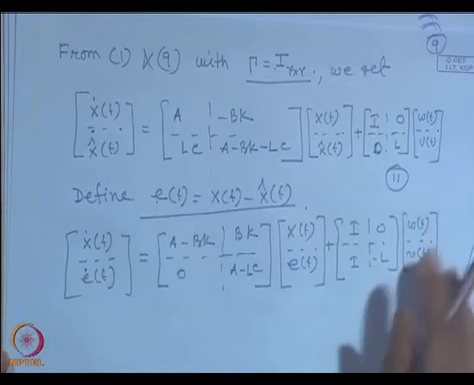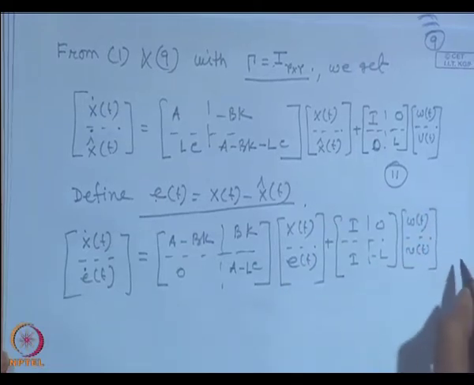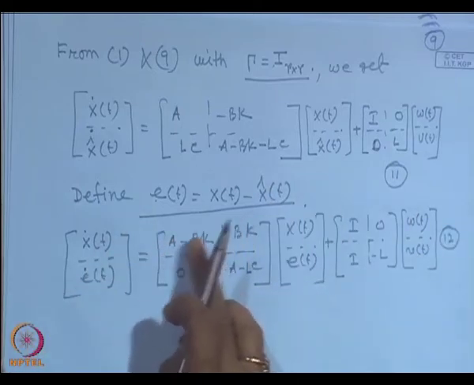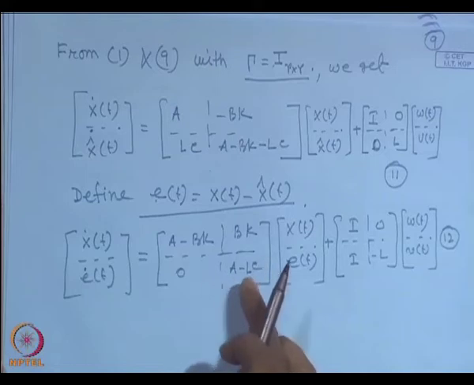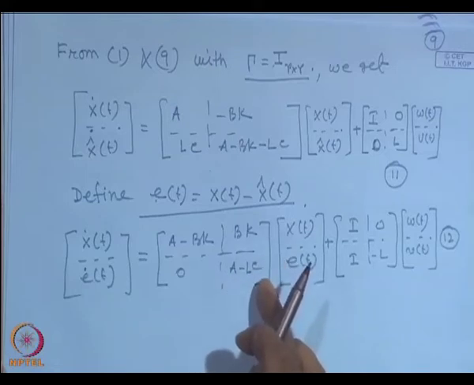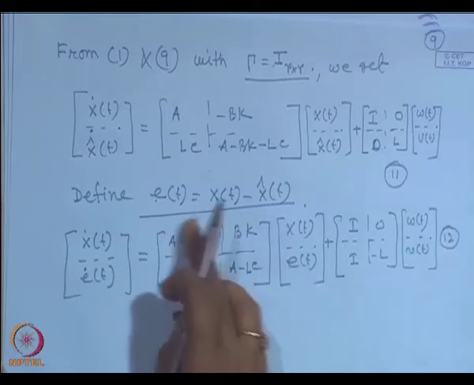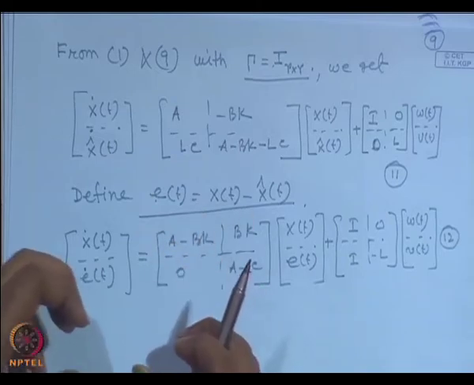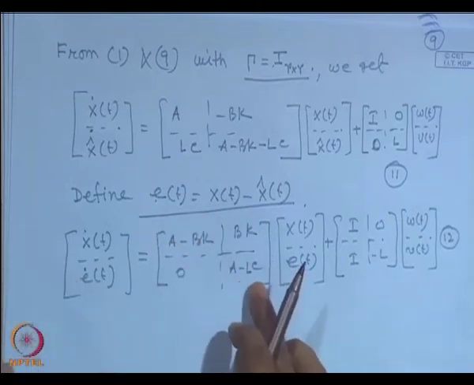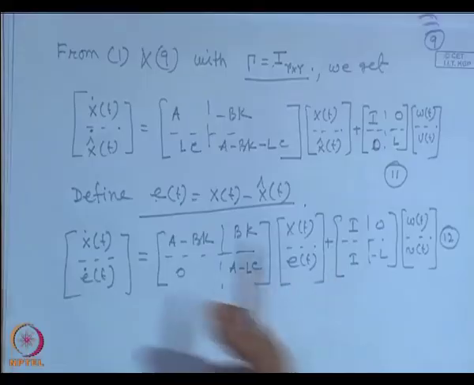The eigenvalues of this equation 12, note that the eigenvalues of this system are the same as the eigenvalues of A minus B k and the eigenvalues of A minus L c. These are nothing but the controller eigenvalues, and A minus L c eigenvalues are nothing but the Kalman filter eigenvalues. So they are decoupled.